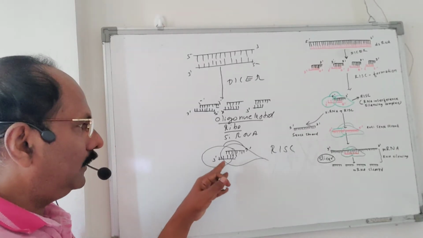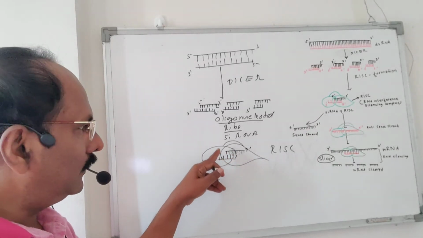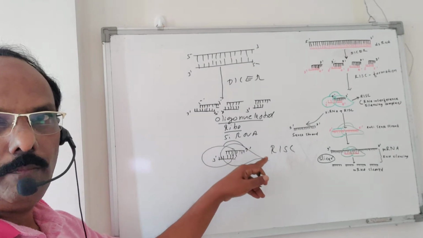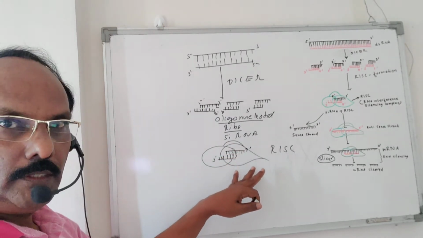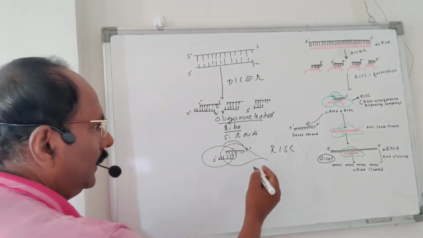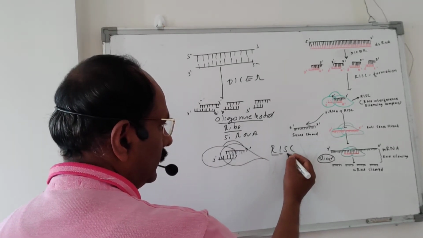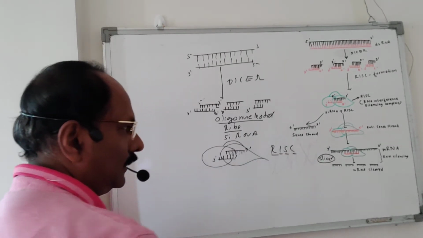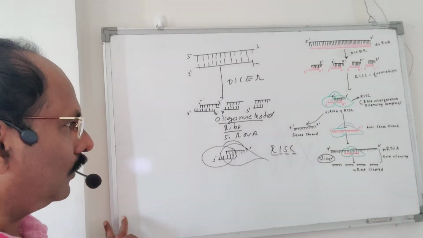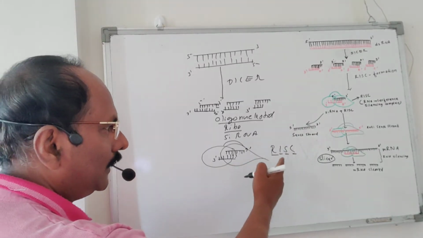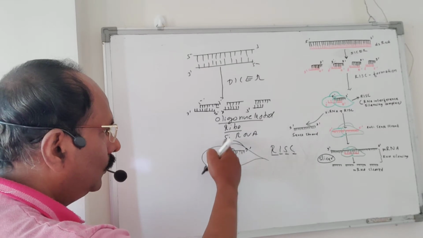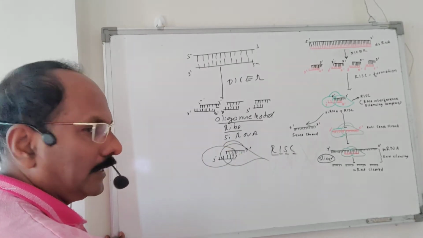It has many proteins, all working together, so it is known as a multi-protein complex. It also has enzymatic activity. RISC means RNA-induced silencing complex. That is the RISC.